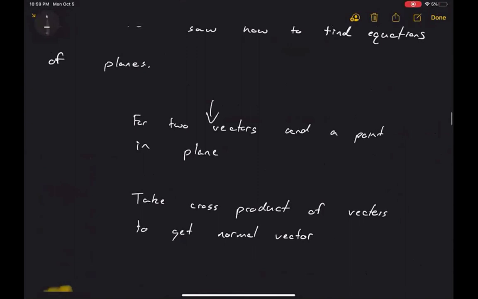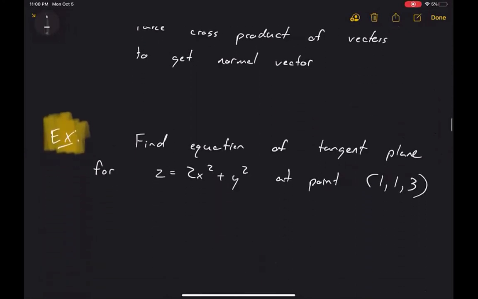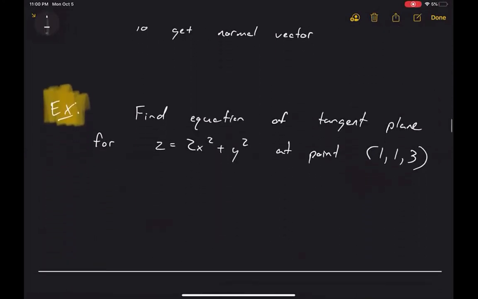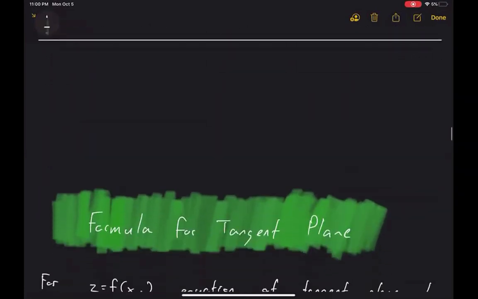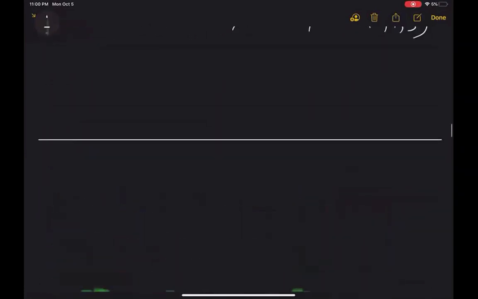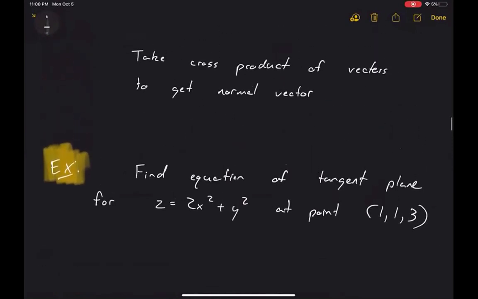Well, if I have a function from Rn to R, these two vectors are going to be related to my partial derivatives. I'll explain how that works in this example, and then once we've seen how it works, I'm going to give you a nice formula.